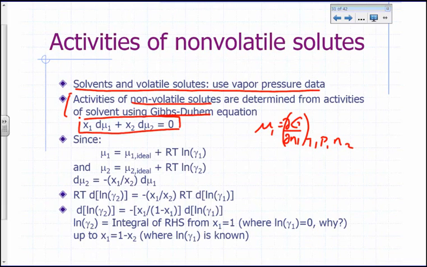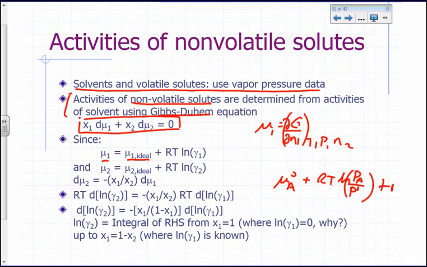So that means the activities are also related. If you recall, the chemical potential of component 1 would be whatever its ideal value would be. For example, if you're dealing with an ideal gas, it's going to be mu naught plus RT ln P_A over P naught, where P_A is the partial pressure of gas A. That would be the ideal value.